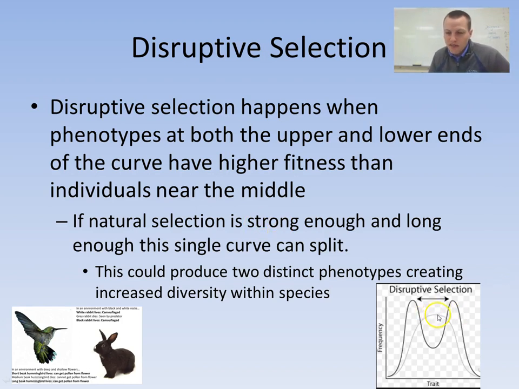So we used to have a lot of phenotypes right here that the environment selected for. For some reason, something happened for a long enough time, and what disruptive selection then selects for are the extreme ends of the bell-shaped curve, and you can see the phenotypes that were once selected for will dip down.